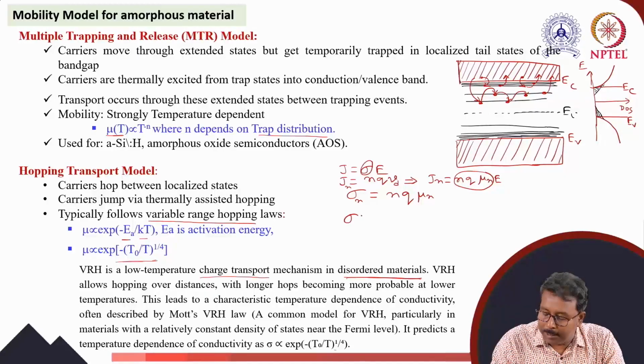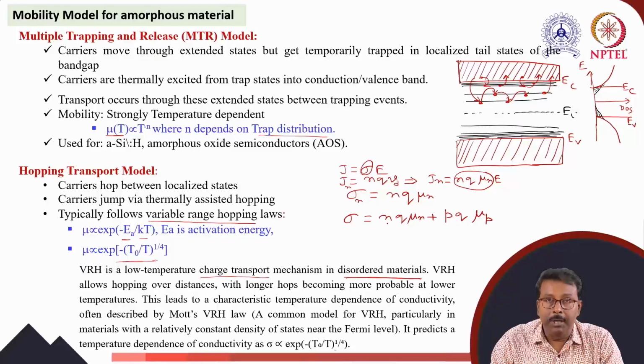But generally, when both carriers are present, sigma is taken as n q mu n plus p q mu p, with n the concentration of electrons and p the concentration of holes. If both are present, in an intrinsic semiconductor for example, you have to use n and p, q, and the mobilities of electrons and holes.